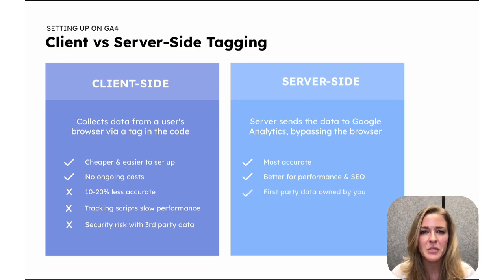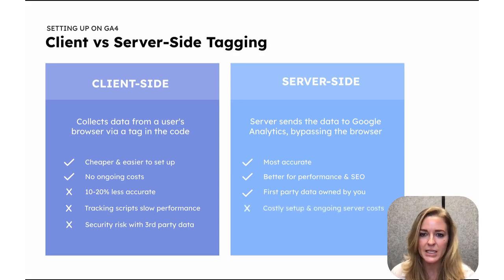And again, it's first-party data which is owned by you. So if you are concerned about privacy, particularly for EU-based clients where they have GDPR requirements, this might be an option that you need to consider. First-party data is owned by you, and there are no or very few security risks associated with that.